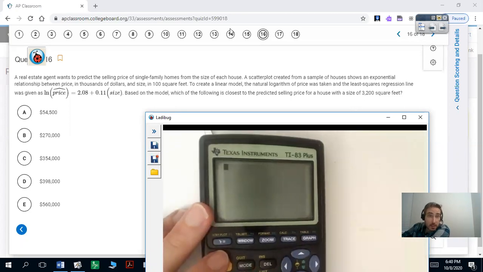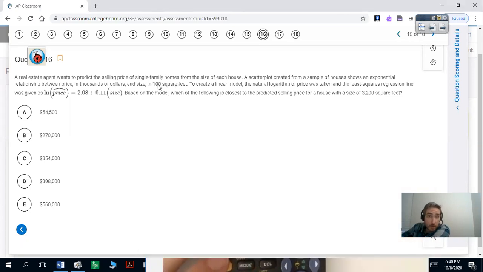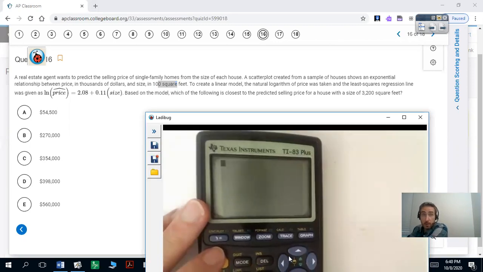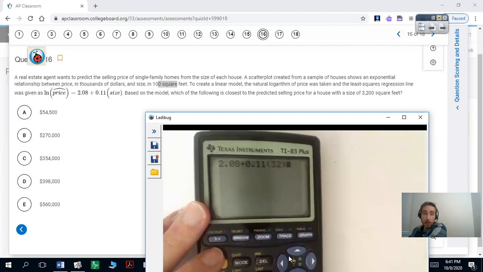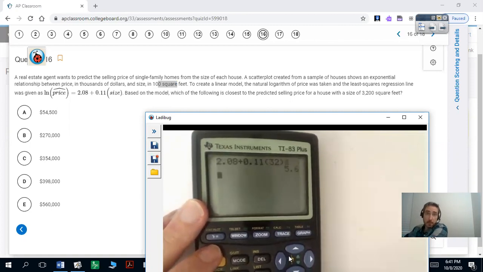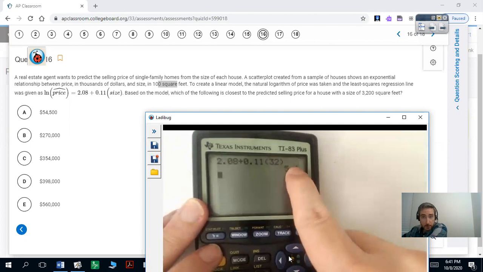It says size in 100 square feet, so this would be 3,200, so 32 would be your input there. So let's try that one more time. 2.08 plus 0.11 times 32 in 100 square feet, so that's 5.6.